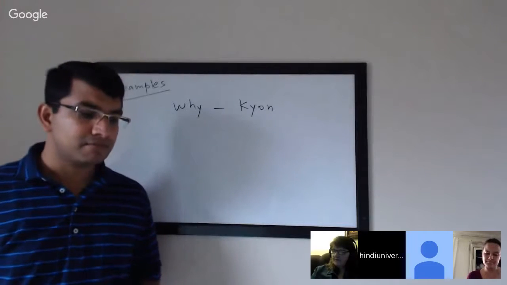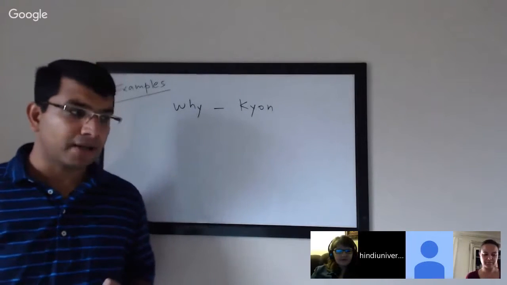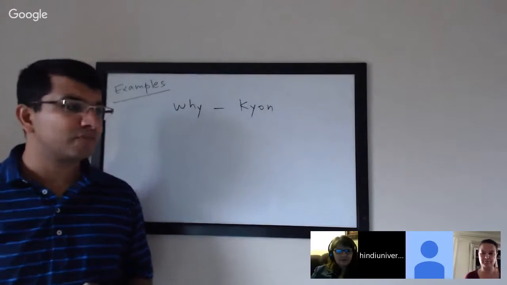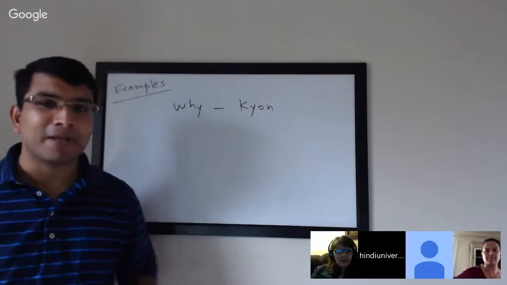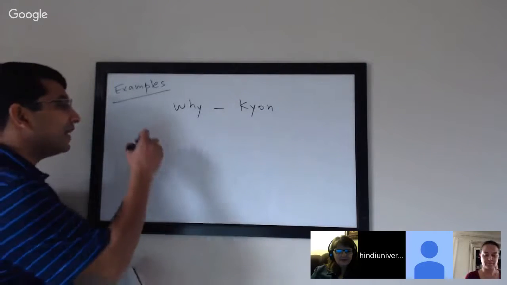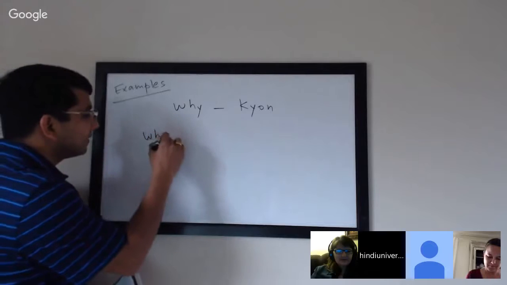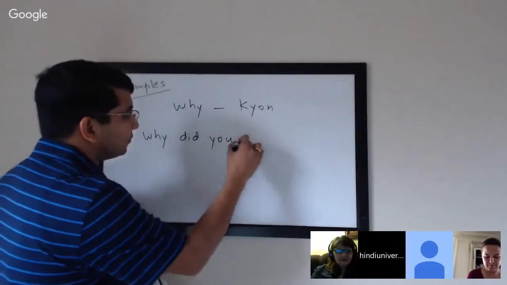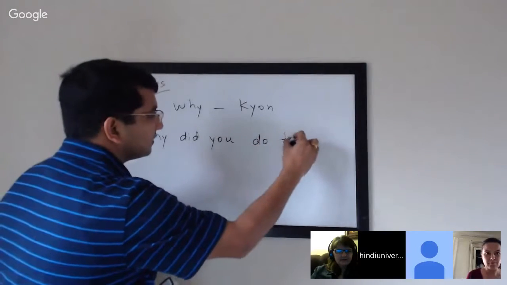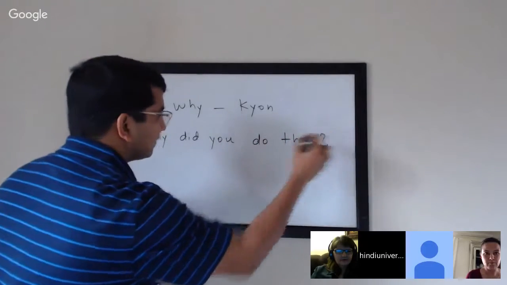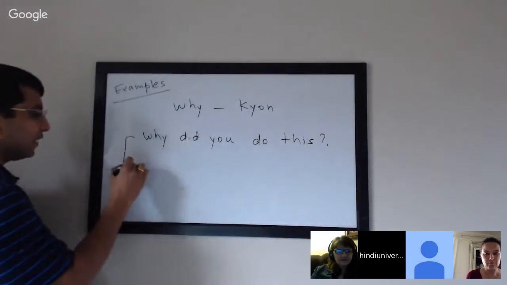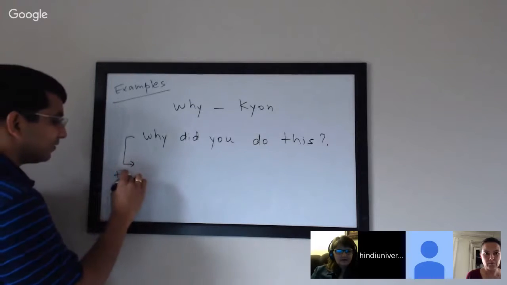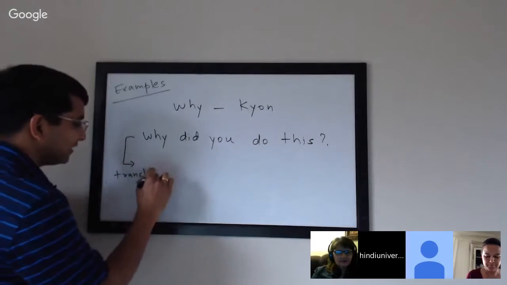Let's say I'm really mad at a colleague or someone, and I want to really question them: why did you do this? Before I give you the answer, I want you to translate that. How do you say that in Hindi?